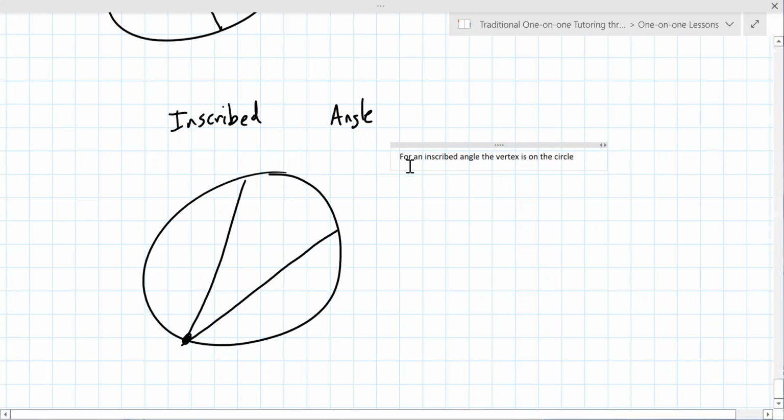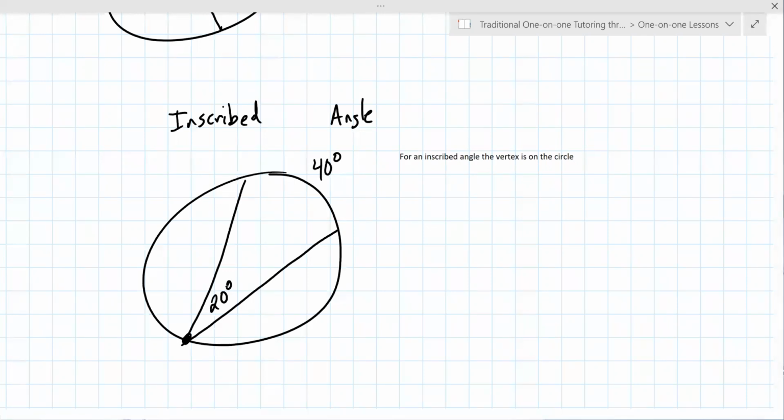Does it work the same? Let me give you some numbers. Let's say this is 40 degrees. This angle down here is 20 degrees. Am I looking at it as half or getting multiplied? It depends.